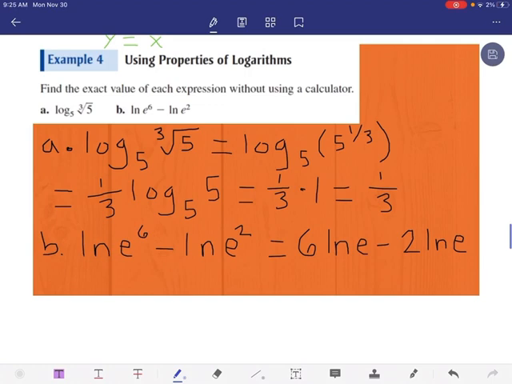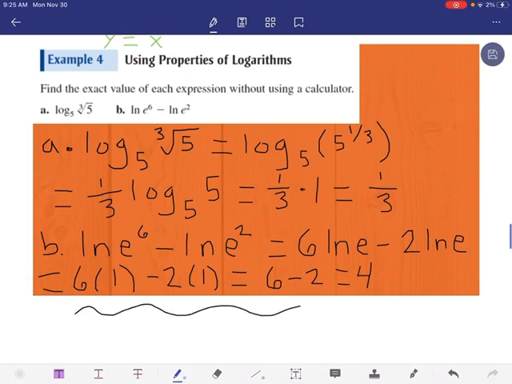Now this one's a little bit trickier just because we can't see that my base of my natural log is the same as what's on the inside, but remember that when I have a natural log, it's an understood base of e. So we know that natural log of e just equals 1. So we have 6 minus 2, which gives us 4.